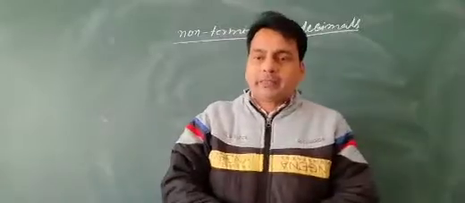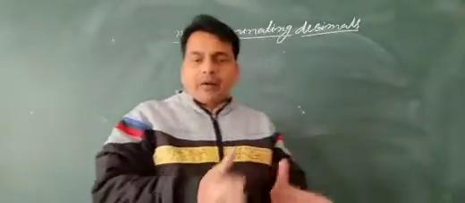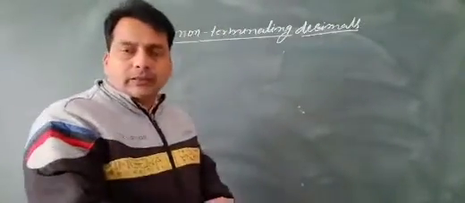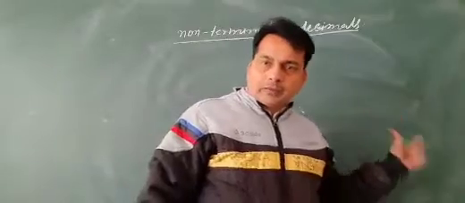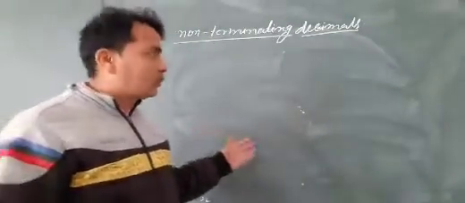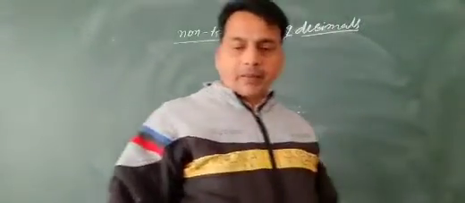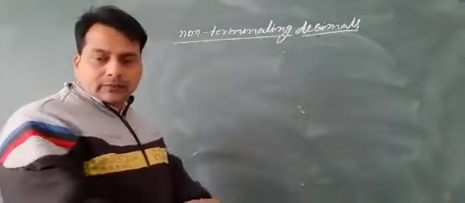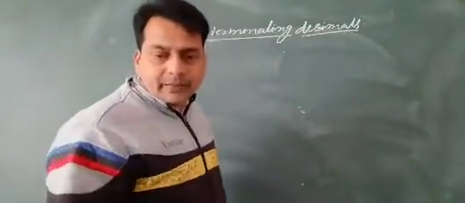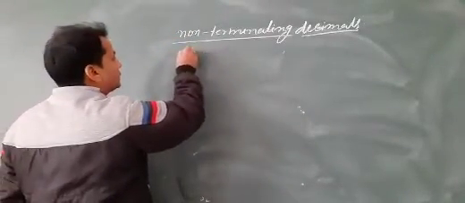In other words, if the prime factors of the denominator are not in the form of 2 or 5 or both, it is called a non-terminating decimal. Suppose one example here is 5 by 6.